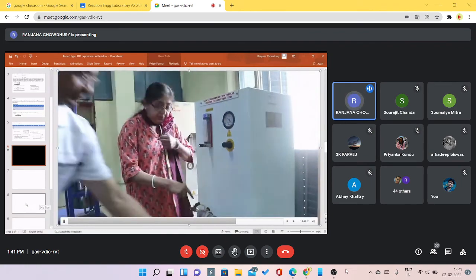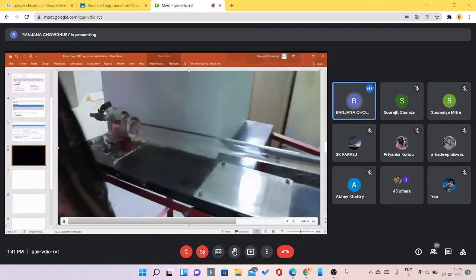You can see the tracer is injected. Now we will go to this point.